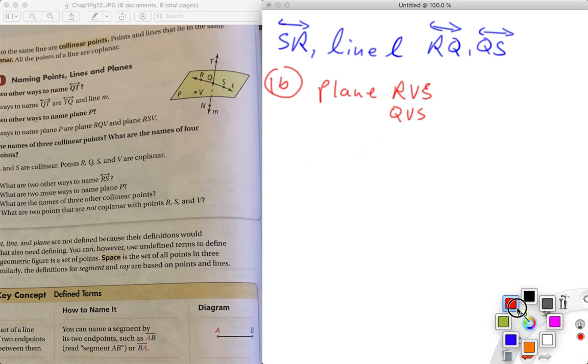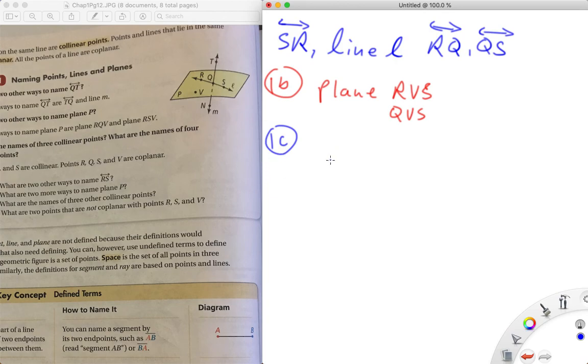And then 1C asks you to name three non-collinear points.